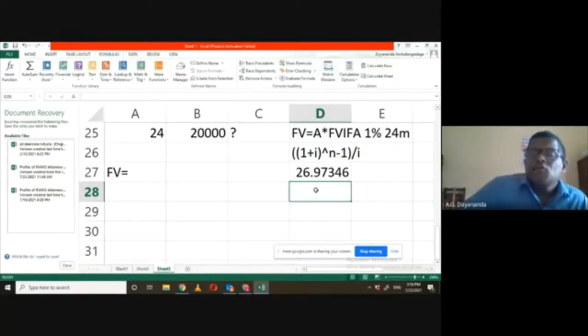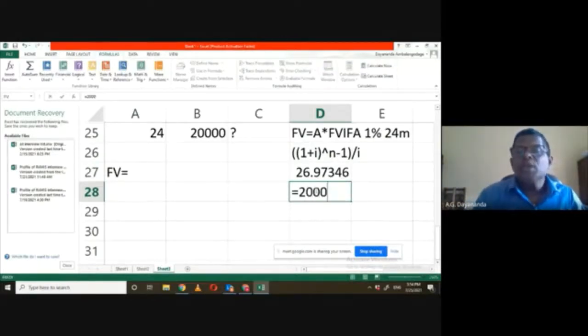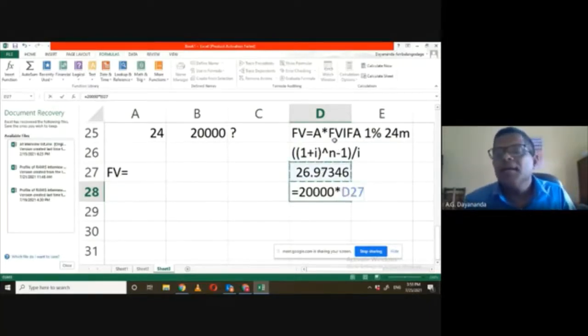Right? So your annuity is 20,000. You multiplied it by this. What is this? Interest factor annuity for 1%, 24 months.